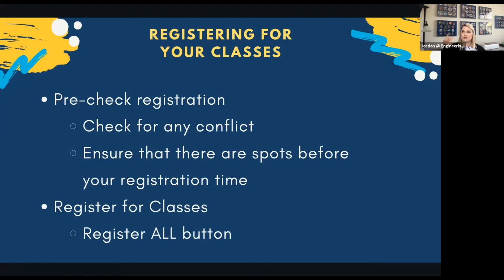If there was something that shows up after you've clicked that button that says not registered, that means that it filled up before you got into it. So then you would be able to go through that list of backup plans that you had, or look for a different section of that course to see if you could get into an alternative option at that point.